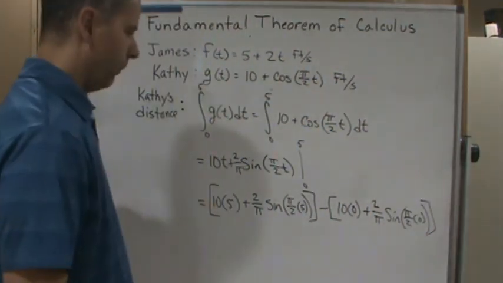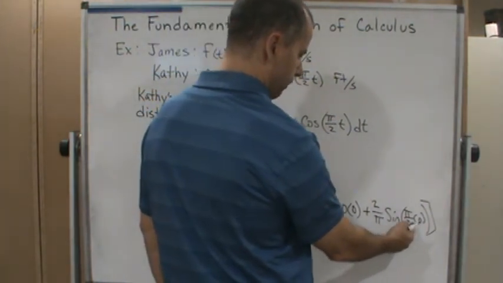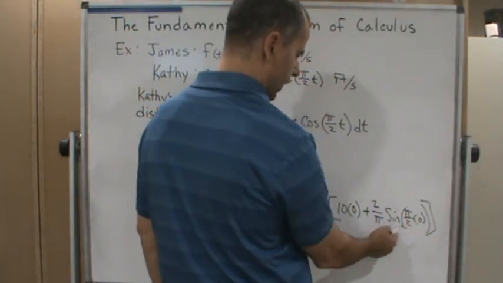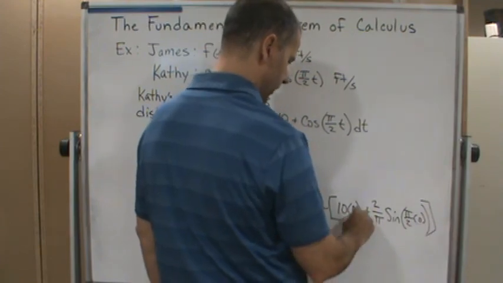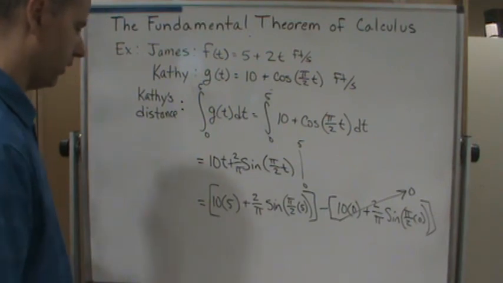Now, this is 0. Sine of pi over 2 times 0, that's 0. So sine of 0 is 0. So this thing again is going to 0. Now that won't always happen, but in this case, the whole thing goes to 0.